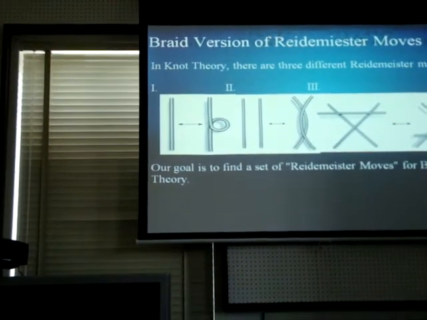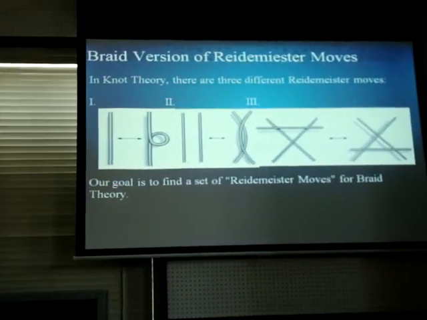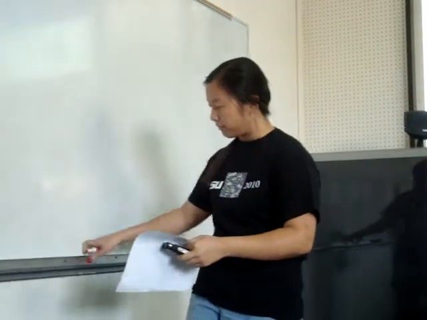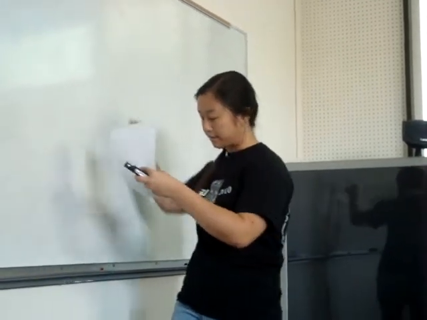Now, in the third Reidemeister move, we saw that there was a crossing with a third unrelated string lying on top of it, and we can move that third string above the crossing or below the crossing. In a similar way, we can have a braid that looks like this.